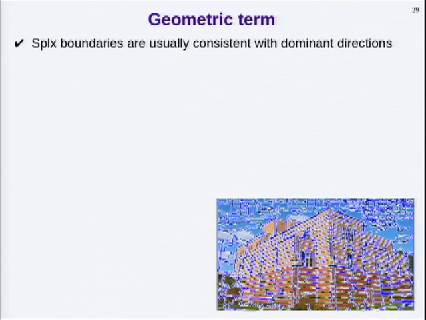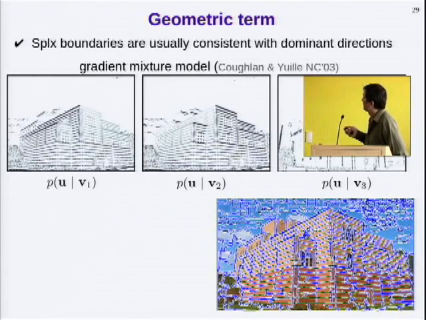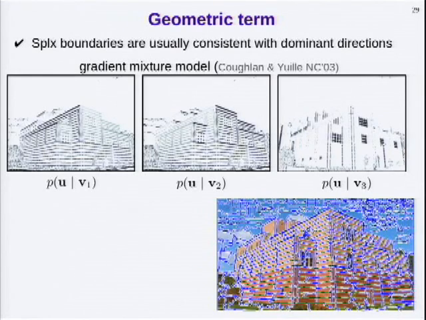The superpixels have a nice property that their boundaries usually are consistent with dominant directions. As it is shown here, they usually follow the image gradient, which can be utilized here. So let's assume we have already detected all vanishing points in our input image. We can compute the probability of each pixel to be aligned with a particular vanishing point.